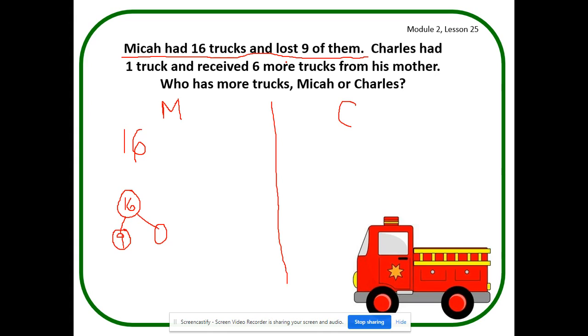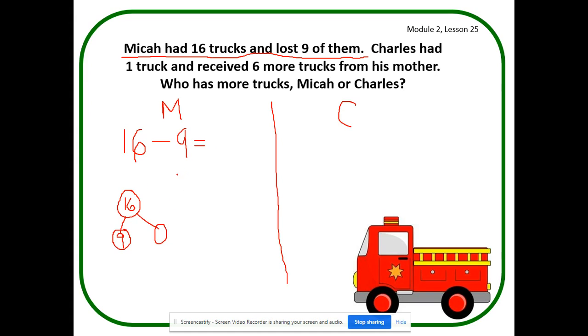So do we have to add or do we have to subtract? Do we have to plus or do we have to minus? Yes, if you said subtract or minus, you're right, because remember, he lost them. So we are not adding anymore. We're taking away those 9. And now we have to find out how many he has left, right?